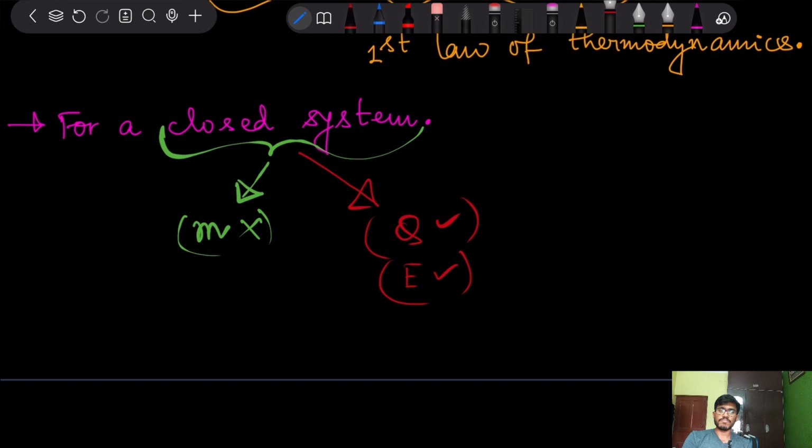I started that question without drawing a control volume, because I was habituated to having already drawn it in my head.